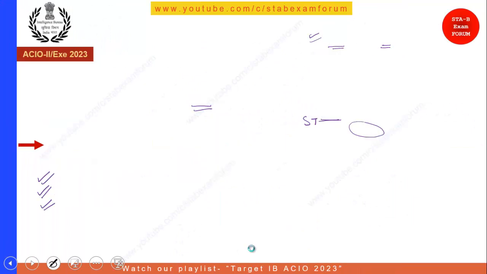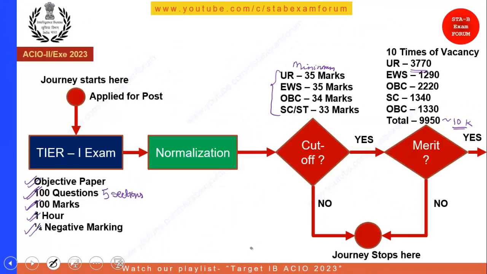The first phase, which I told you, is that you should score minimum marks. After that your target should be to come under these people, whatever your reservation is, 995 you should come under this, otherwise you will not be able to get the tier 2 exam.